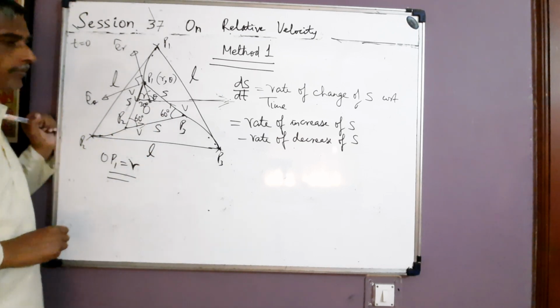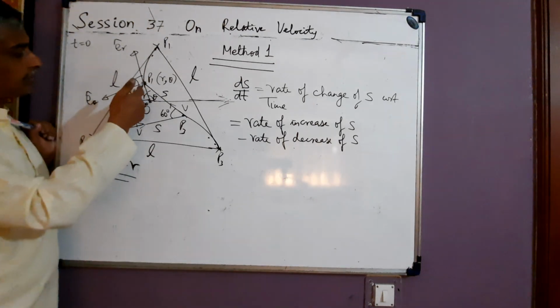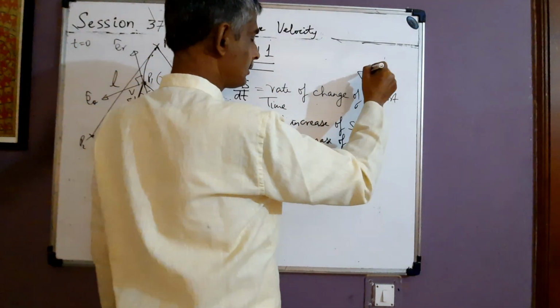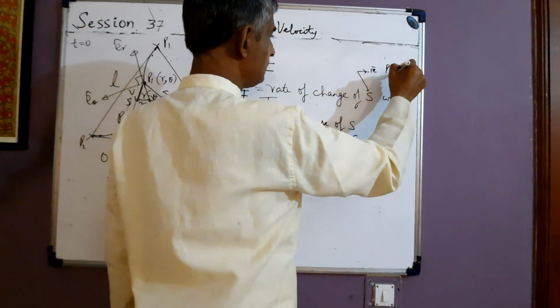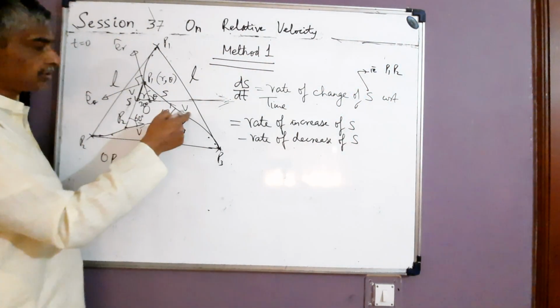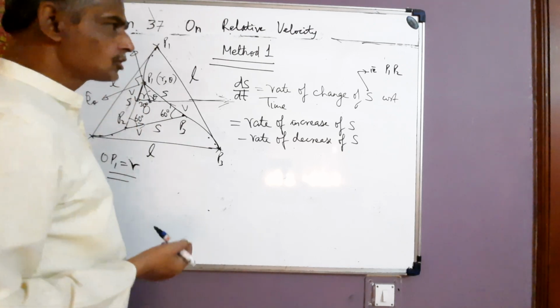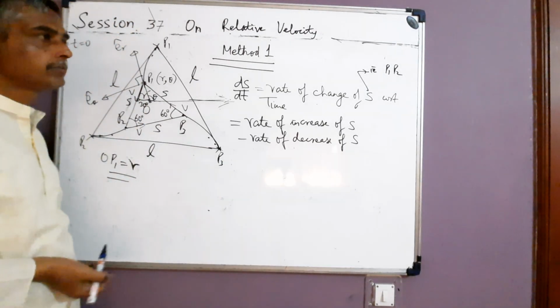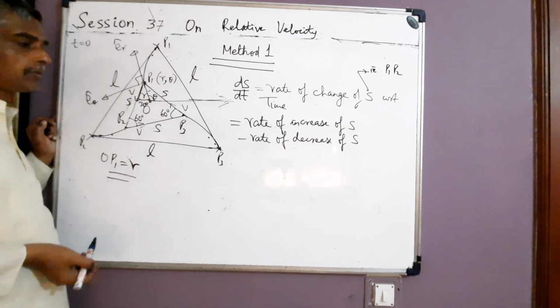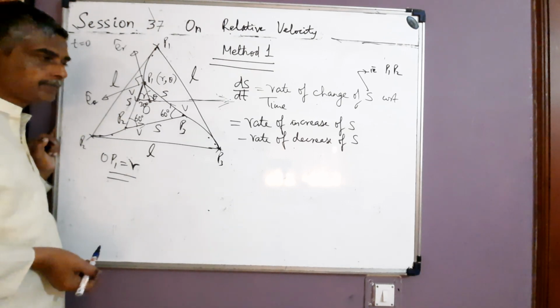Now see, suppose we are observing the side P1 P2. We can observe any of the three sides, P1 P2, P2 P3, P1 P3, any one of them. So I am observing P1 P2. So ds by dt is rate of increase of s minus rate of decrease of s.